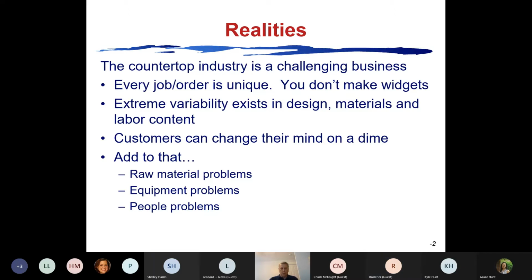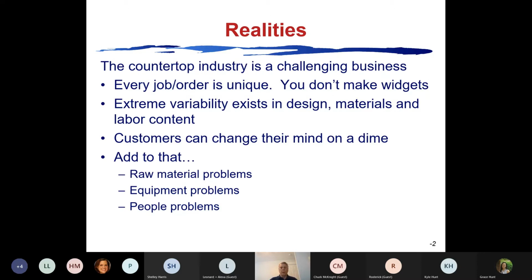Equipment problems: this is a wet processing business if you do hard surface, and that brings all sorts of problems. The automated equipment available to us today is wonderful, and a lot better than it used to be. But the machines don't run all day, every day, nor do people work all day, every day.